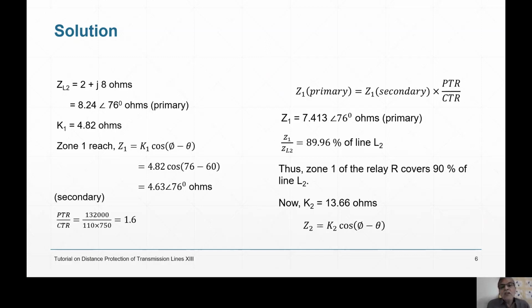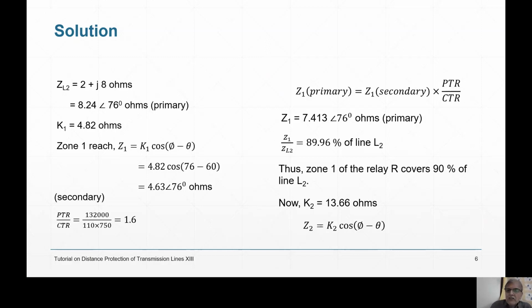So you have to convert it into primary ohms because relay reach is in primary. So you have to multiply by PTR by CTR, reverse. So 132 kV by 110 volt and divided by 750, that is the CT ratio. That gives me 1.6. So Z1 is equal to primary side 7.413.